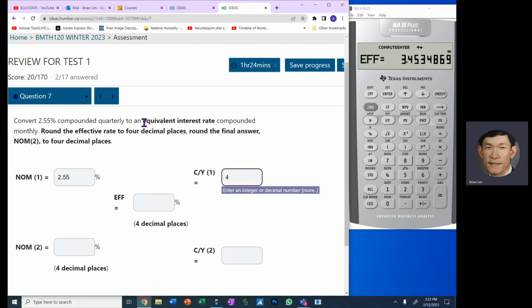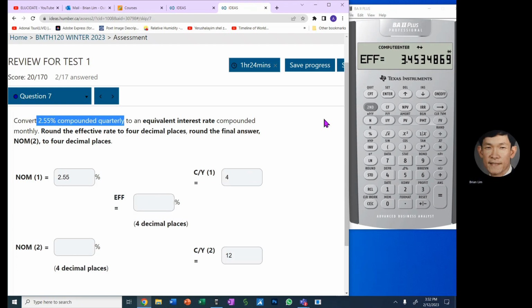And then we find the equivalent interest rate compounded monthly, so this number here would be 12. So we have to compute this effective first, using these 2 bits of information, the nominal and the CY, to get the effective.